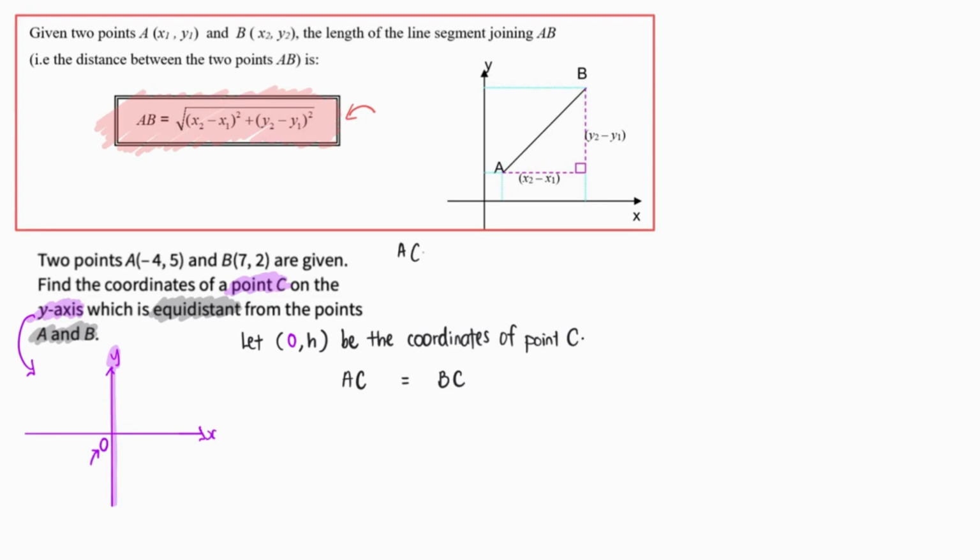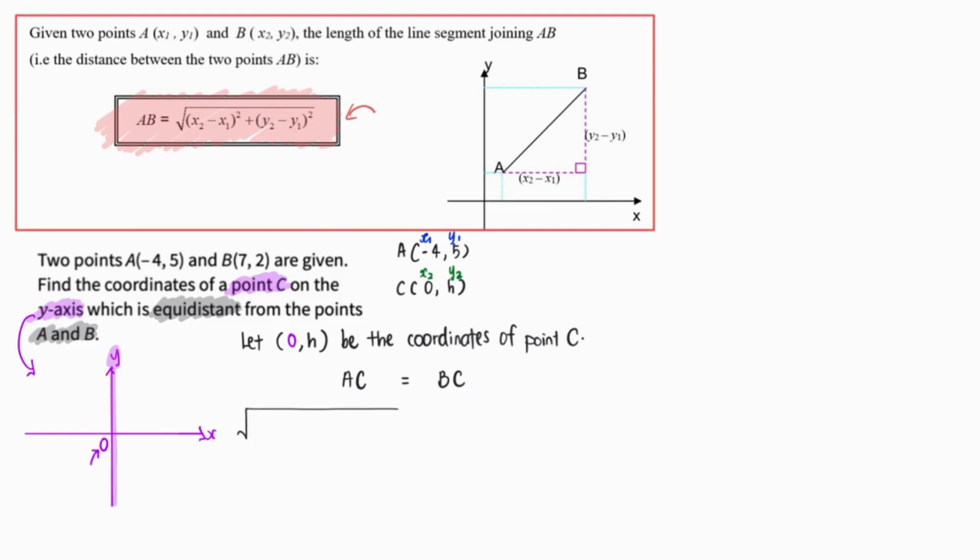So my A is -4 and 5, and my C is 0 and h. This is what I usually like to do. Once I have decided which points are my x1, y1 and which point is my x2, y2, I would then apply the formula.